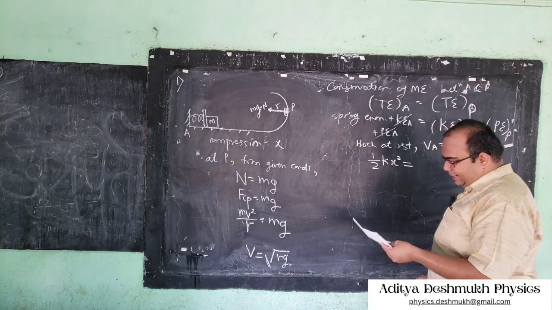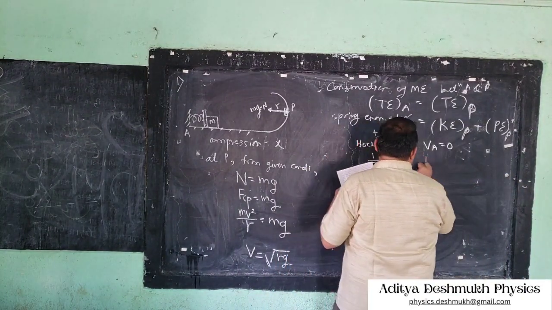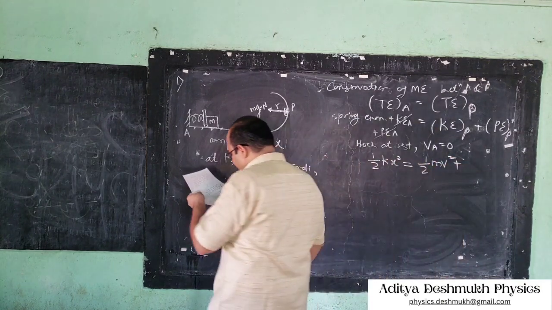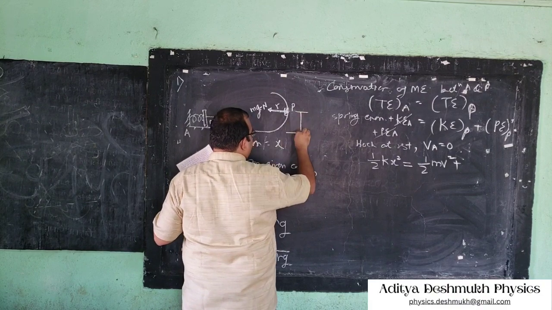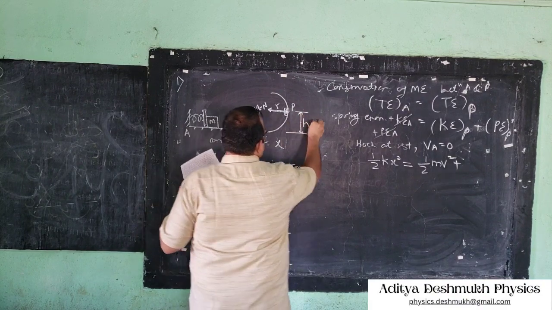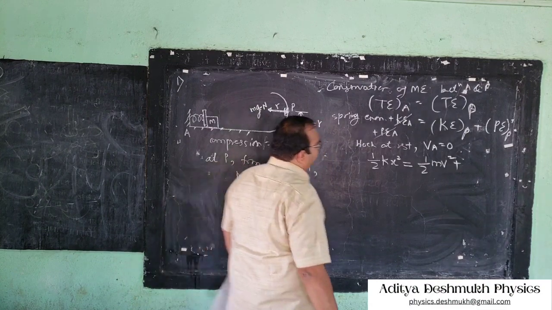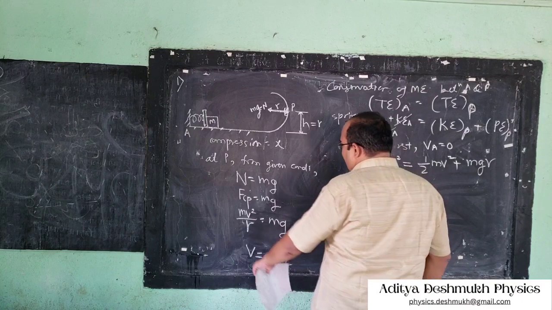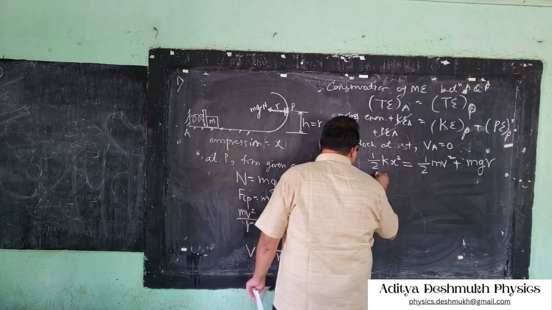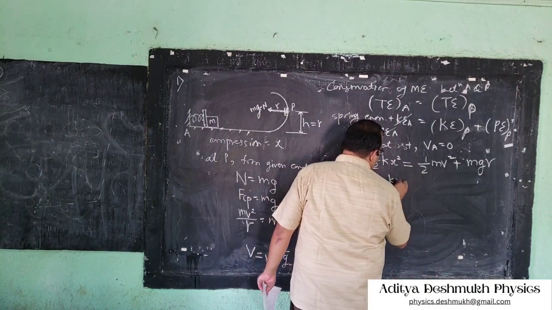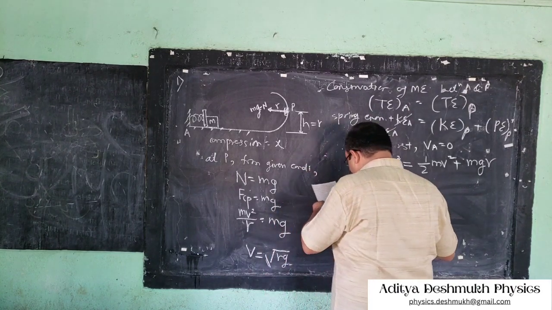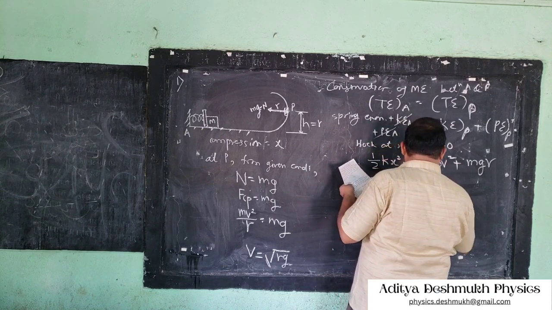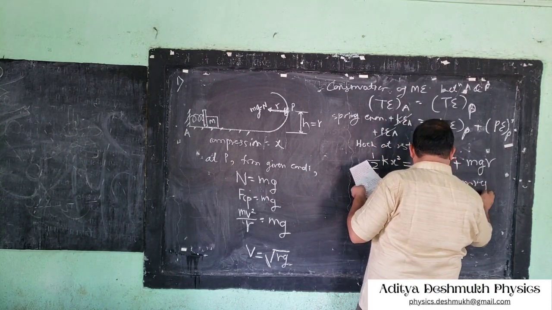What is the kinetic energy at point P? It is nothing but half of mv square. What is PE? What is the vertical displacement? H is equal to R, so it will be mgr. If I put V equal to root rg here, I will get half of kx square equal to half of mrg plus mrg.